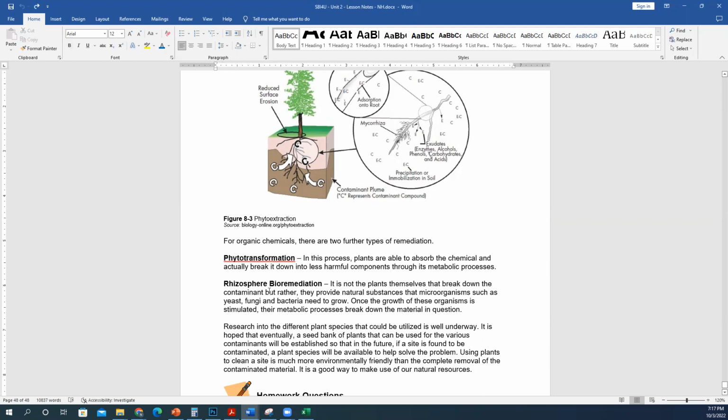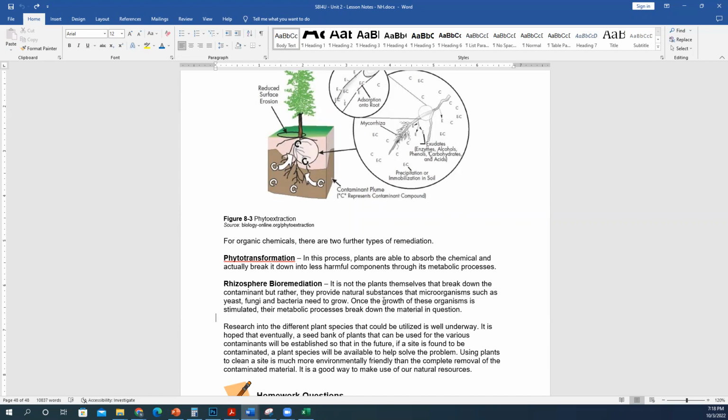In rhizosphere bioremediation, it's not the actual plants themselves that break down the contaminant, but instead they provide natural substances that the microorganisms in the soil, such as yeast and fungi and bacteria, use in order to grow.